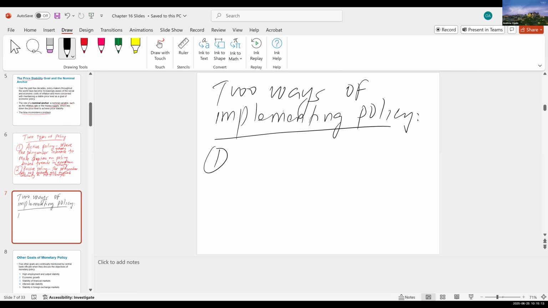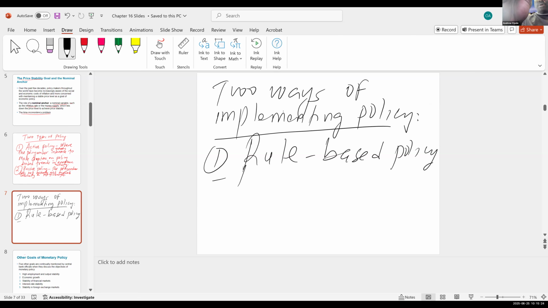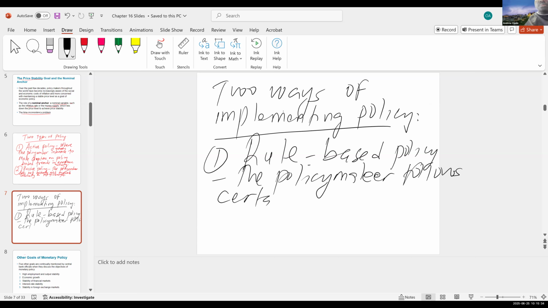One, policy can be implemented through what we call rules, what we call rule-based policy. So here, the policymaker, like a central bank, like the Federal Reserve, follows certain rules to achieve its policy mandates.